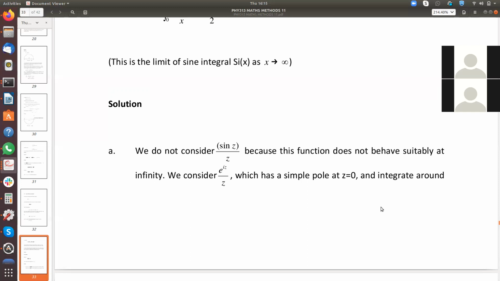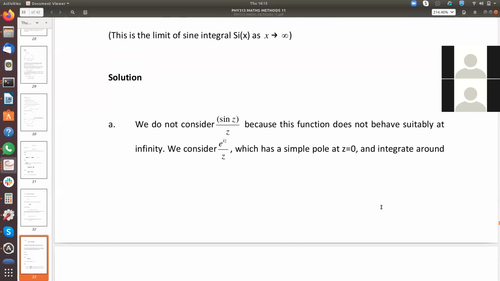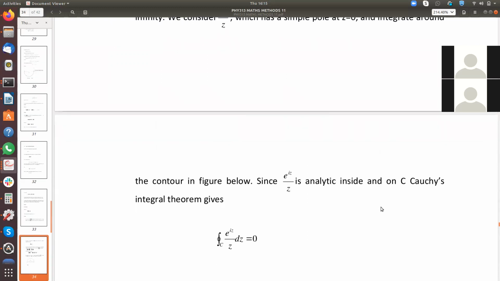So we integrate around the contour in the figure below. Since this expression is analytic inside and on C, the Cauchy integral theorem gives that the closed integral of this is equal to 0.